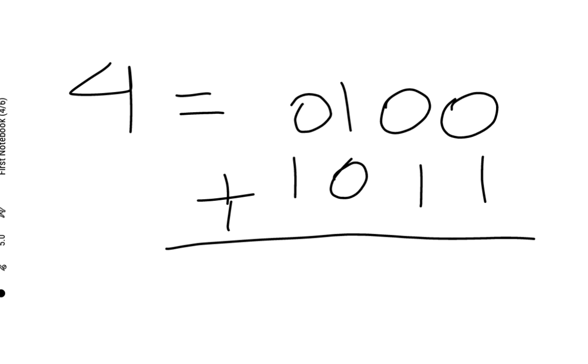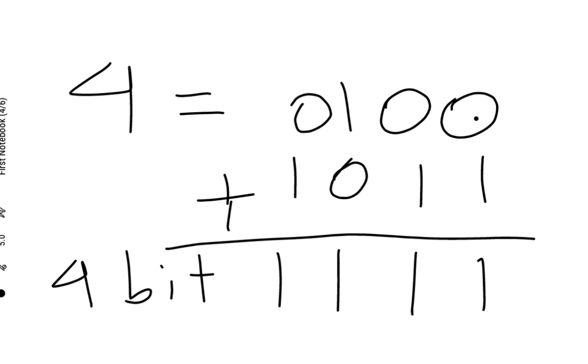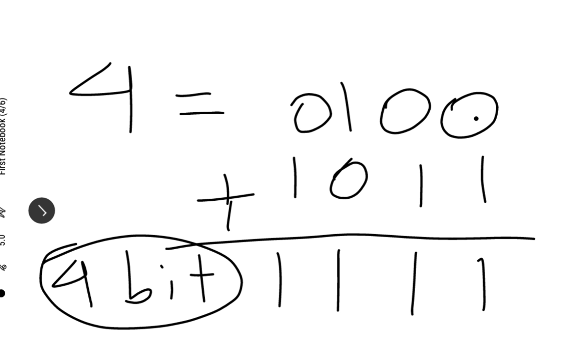It's actually very easy to do, because each place has only a 0 and a 1, and we know the sum of a 0 and a 1 is always 1. So each place will get a 1. What is this? This is the biggest number a 4-bit number can represent, 1111.